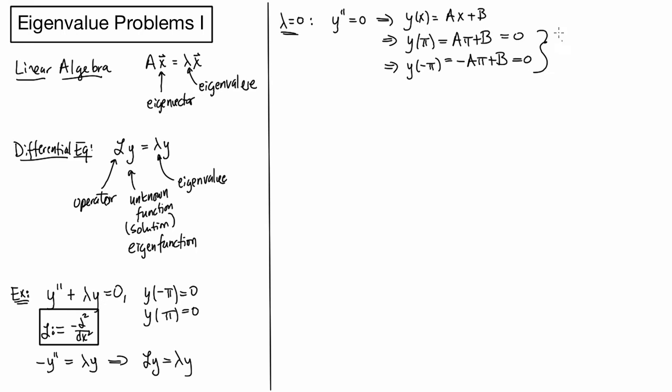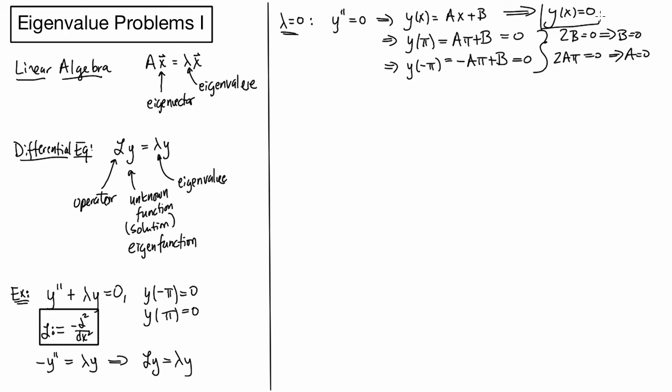If we add these two, that tells me that 2b is 0 or b is 0. And if we subtract the two, then we have to have 2a pi is 0, which implies that a is 0. Which means that we're basically stuck with the 0 function.